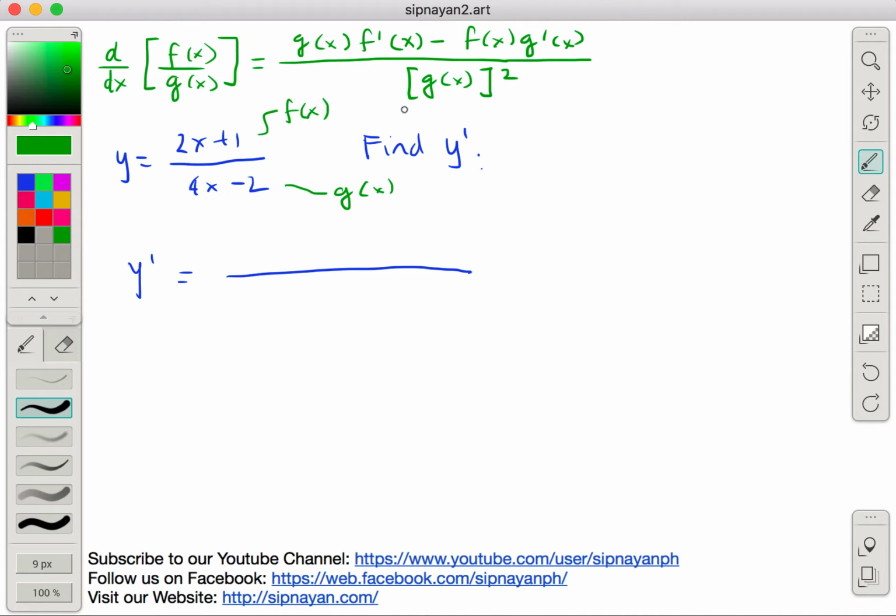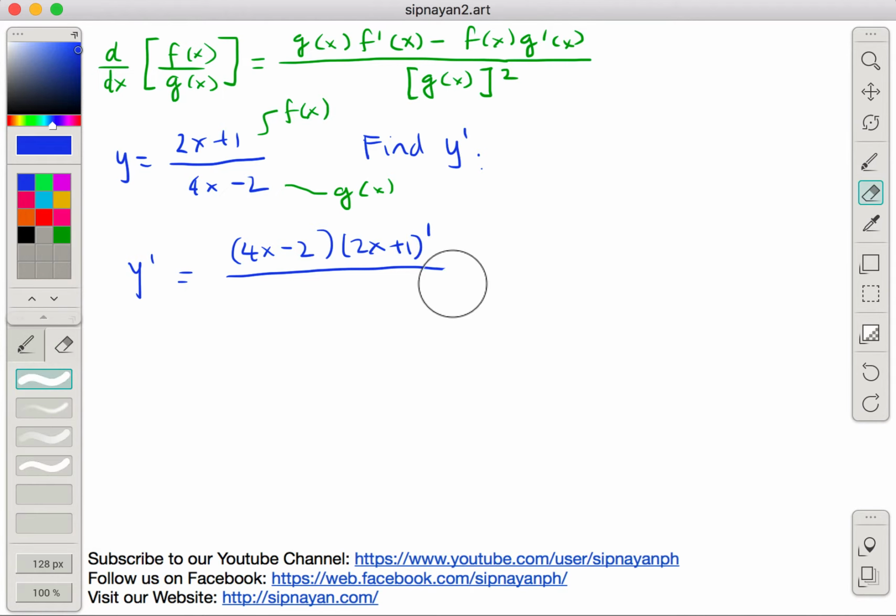So we have g of x. This is the denominator. This is 4x minus 2, times the derivative of f of x. So ito yung f of x natin. Pwede natin lagyan ng prime to denote that we are getting its derivative.